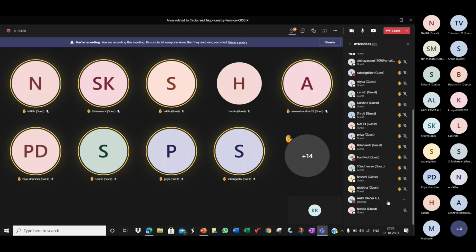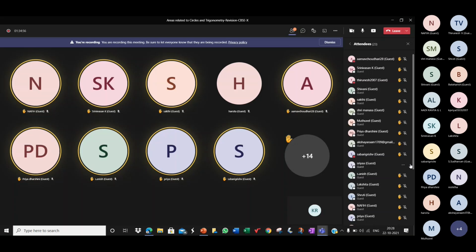Ravya, are you there, Ravya? All right, so Nishita is there, Reshmi, Sudarshan, Hariharan, Balaharish, Priya, Nafi, Shruti, Lakshita, Anish, Riya, Shabari Krish, Akshay, Priyadarshini, Muttuvel, Manasa, Shakti, Shivani, Tirunesh, Srinivasan, Arnav. All right, good children.